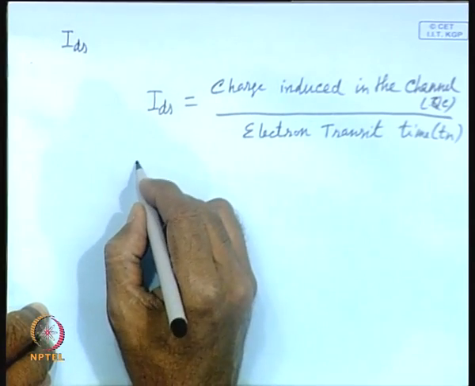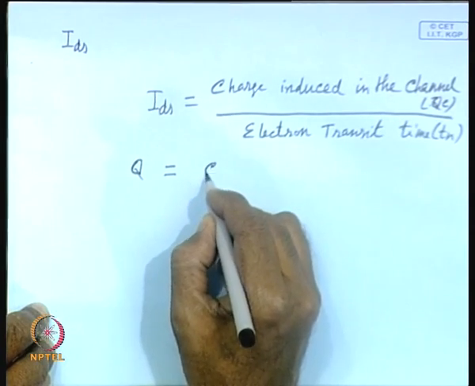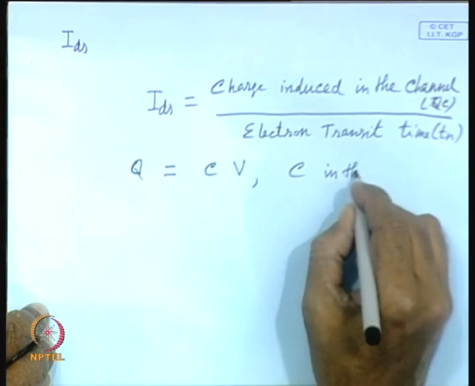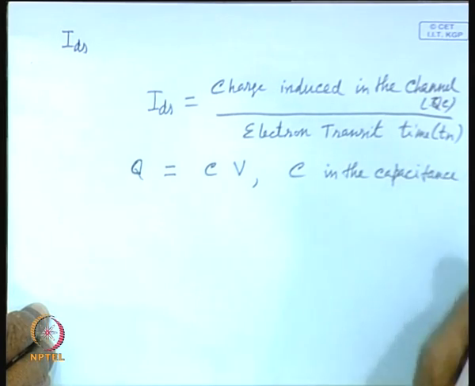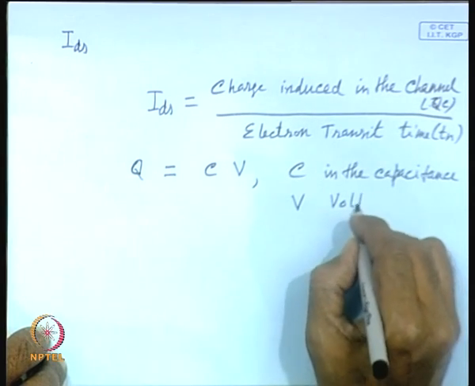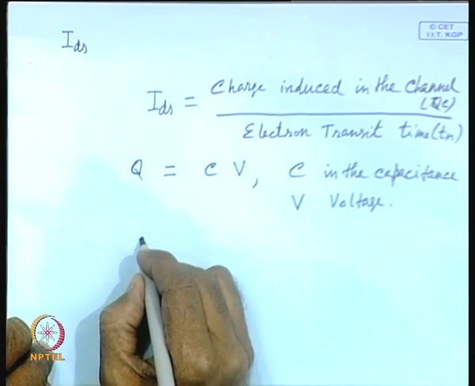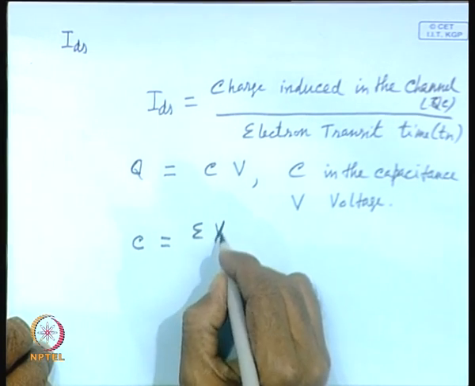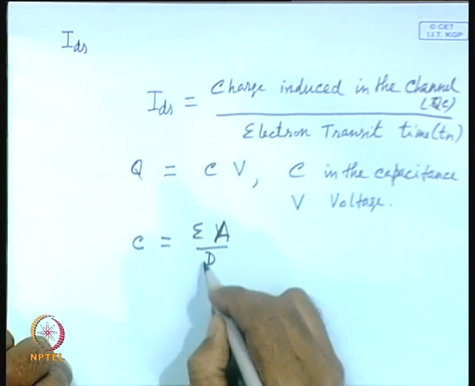As you know, the charge accumulated in a parallel plate capacitor is Q equals C into V, where C is the capacitance, and as we have seen, it can be considered as a parallel plate capacitor, and V is the voltage applied across the parallel plate capacitor. And as you know, this capacitance C is equal to epsilon times A, the area of the plate, divided by D, the thickness of the silicon dioxide layer.